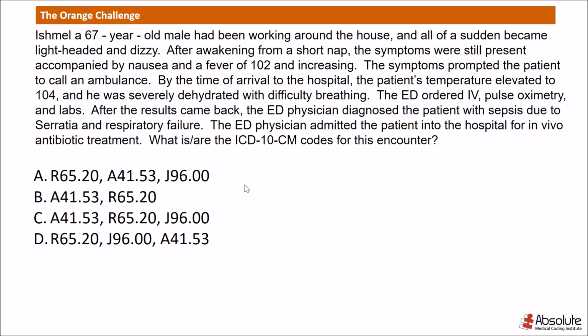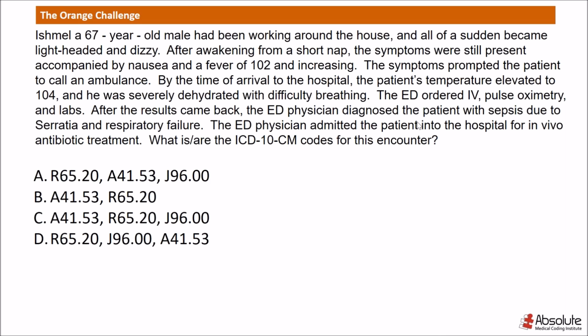Ishmael, a 67-year-old male, had been working around the house and all of a sudden became lightheaded and dizzy. After awakening from a short nap, the symptoms were still present, accompanied by nausea and a fever of 102 and increasing. The symptoms prompted the patient to call an ambulance. By the time of arrival at the hospital, the patient's temperature elevated to 104 and he was severely dehydrated with difficulty breathing.